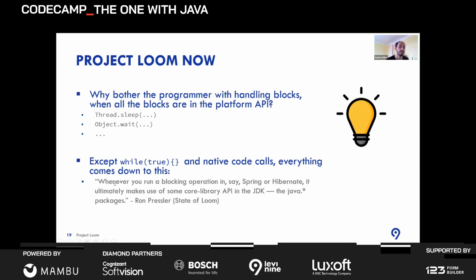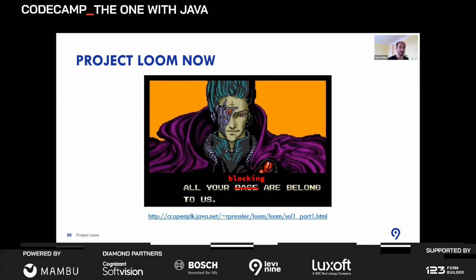And I quote, whenever you run a blocking operation in, say, Spring or Hibernate, it ultimately makes use of some core library API in the JDK, the java.something packages. And the chapter in which he said this is named, All Your Blocking Are Belong to Us. And it's no error.